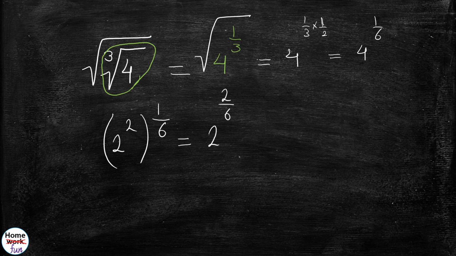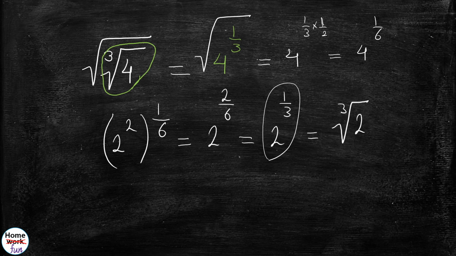I just multiplied 2 by 1 over 6. Can I simplify the exponent further? Yes, that's like saying 2 to the power of 1 over 3. In other words, 2 to the power of 1 over 3, that's like cube root of 2. So that's the answer. Let's see another example.